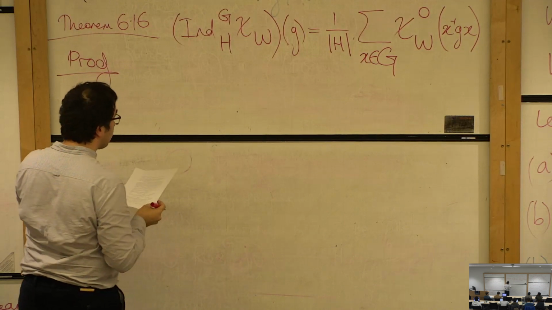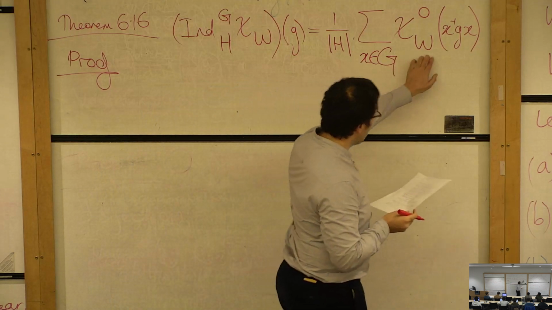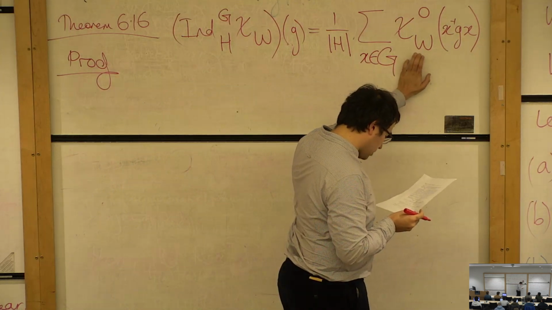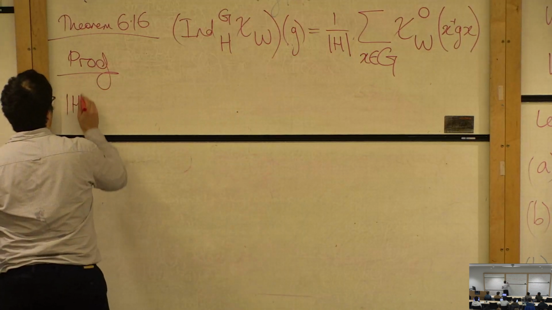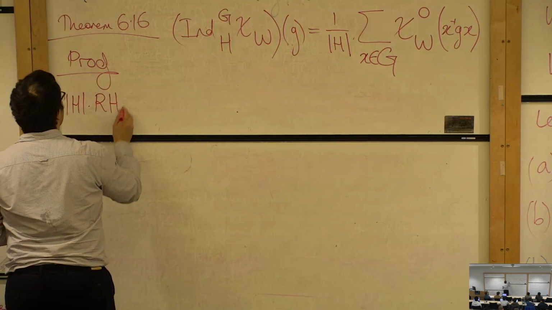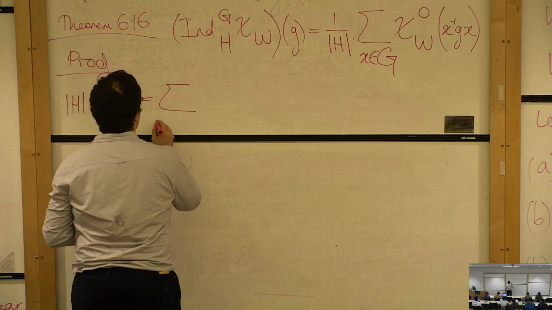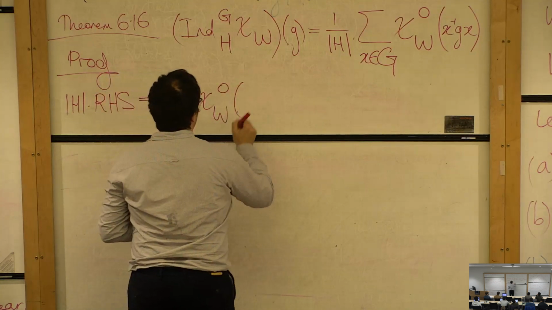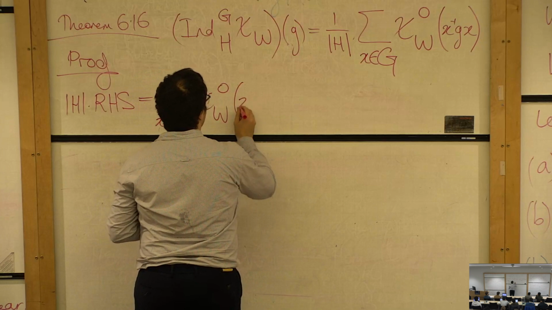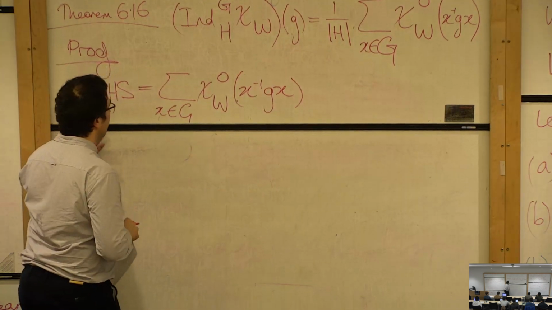I'm going to multiply everything by |H| and compute, work backwards. So work out |H| times the right hand side. |H| times the right hand side is the sum over x in G of the extension by 0 of the character of W at the x conjugate of g.